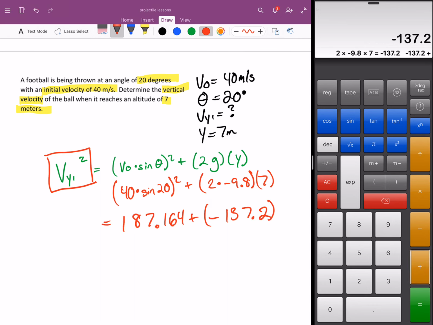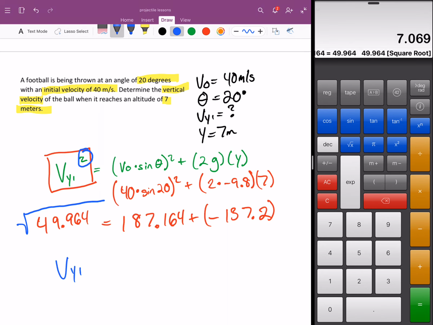Add these two together, 49.964. Now we have a square, so we perform the square root. Vy final is 7.069 meters per second vertical.